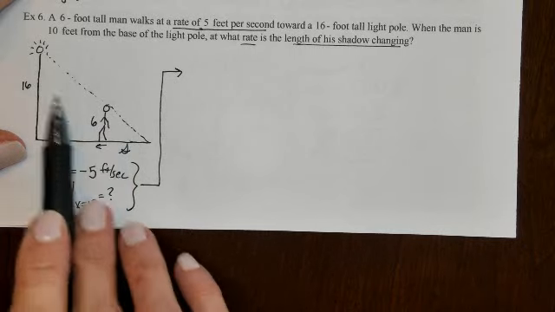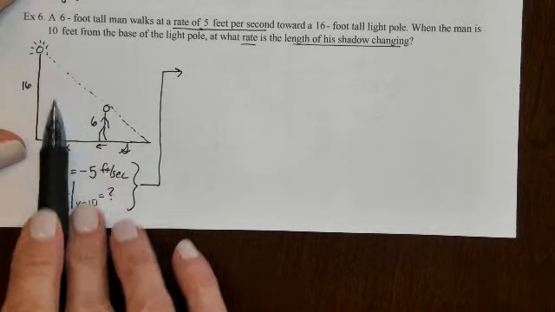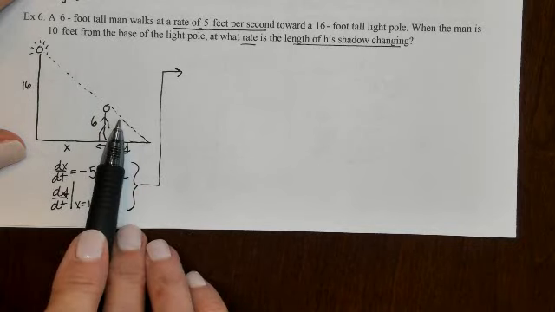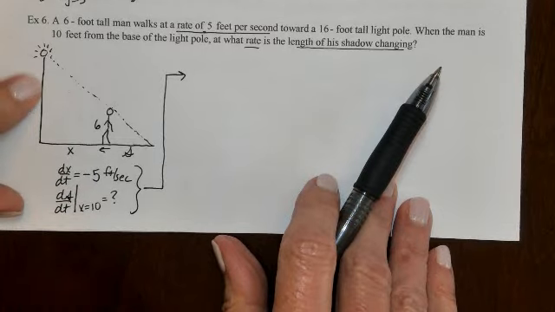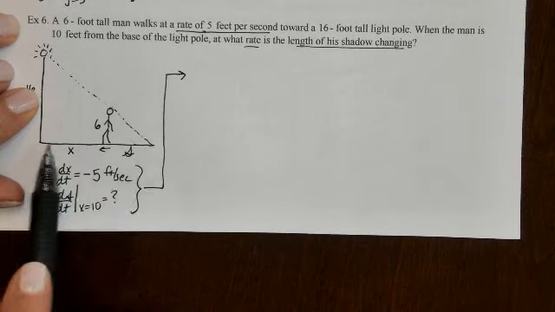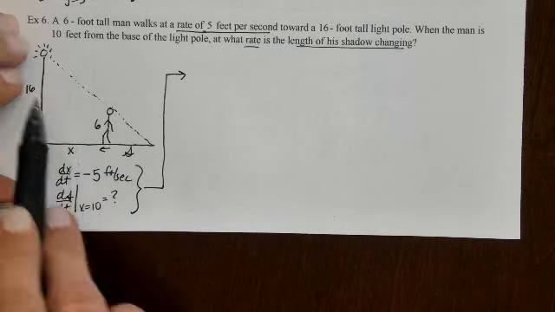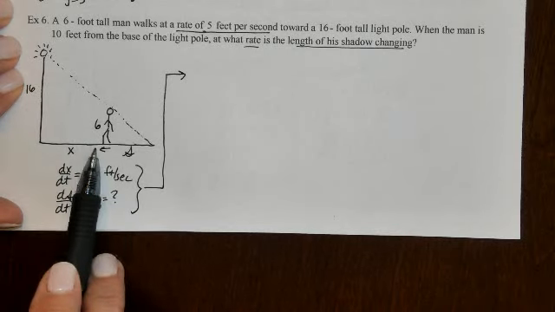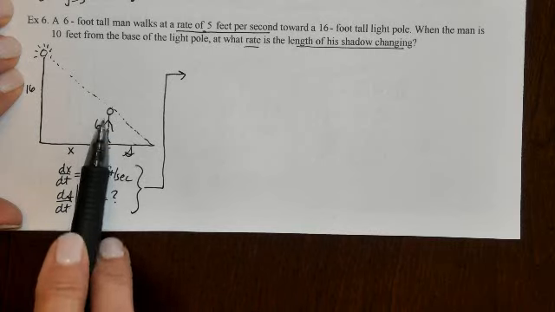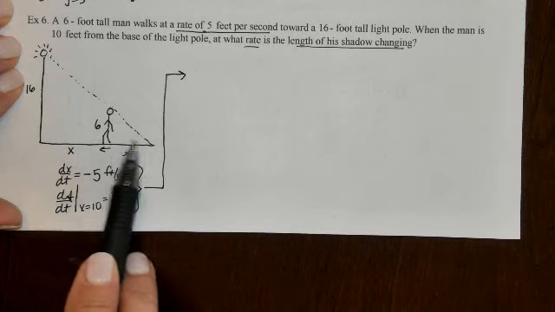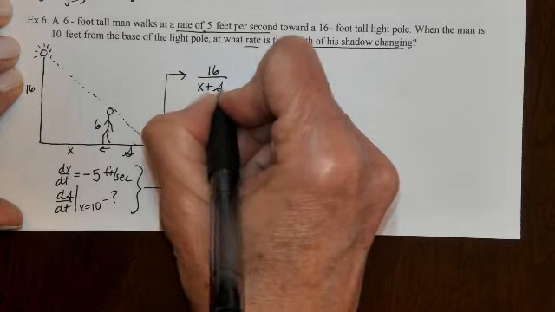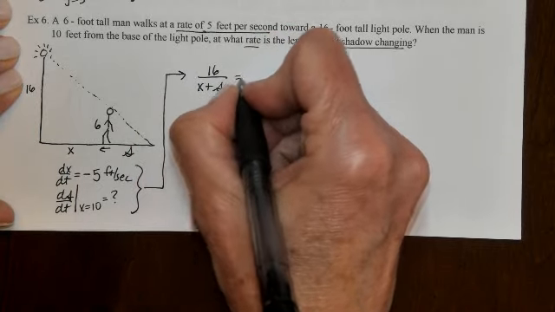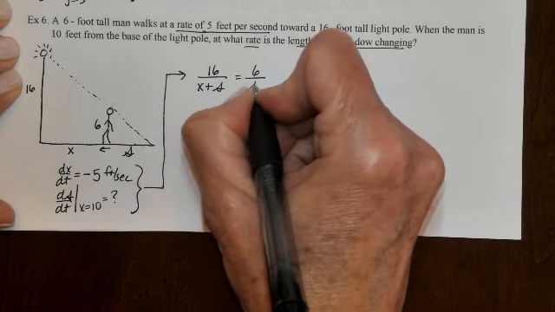Their ratios are the same. The ratio of the big triangle's height to its leg is the same as the ratio of the man's height to that triangle's leg. So 16 is to x plus s as 6 is to s.